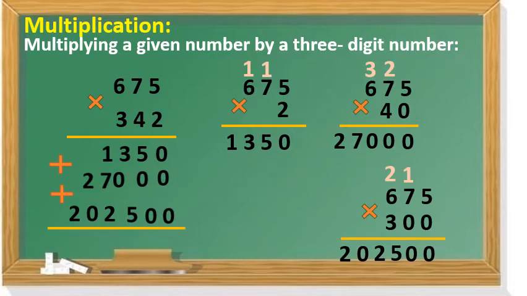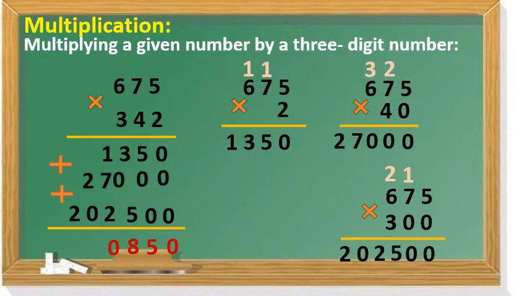Now we will add all these numbers. Okay. 1350 plus 27,000 plus 2,02,500. Okay, we will add these three numbers. We will start from the unit place. 0 plus 0 plus 0 is 0. Here 5, 5 plus 3 is 8. 7 plus 1 plus 2 is 10.